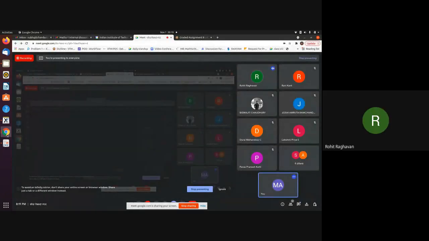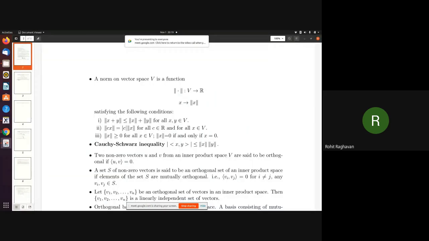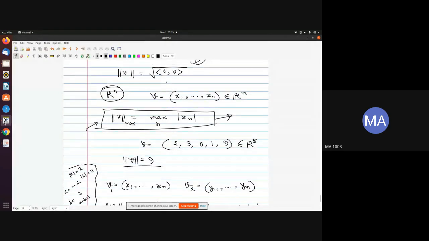Sir, is Cauchy-Schwarz coming? It is not covered in the lectures. No, Cauchy-Schwarz I have mentioned, because if you want to prove that this is a norm coming from the inner product, the standard norm, you require Cauchy-Schwarz. That's why I have written it here.